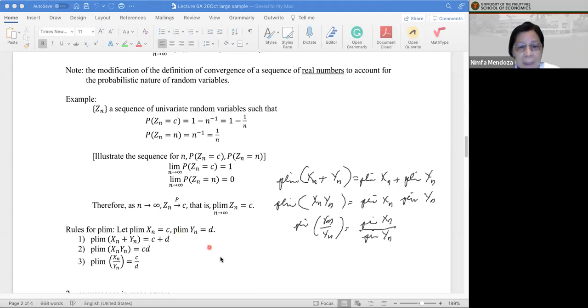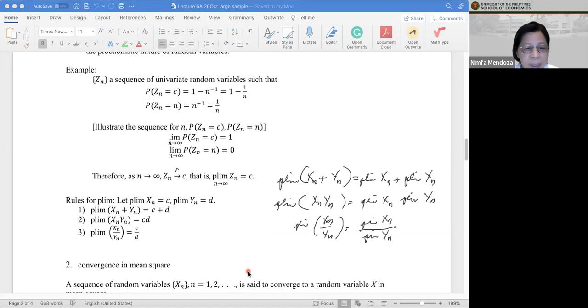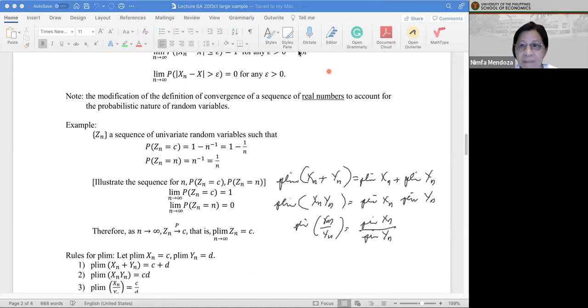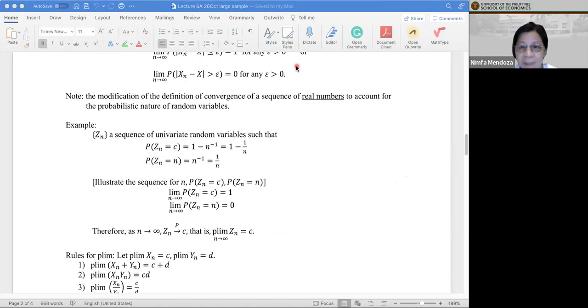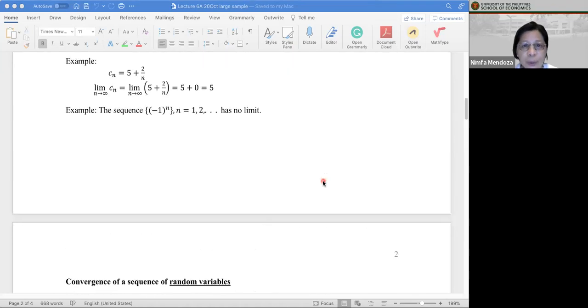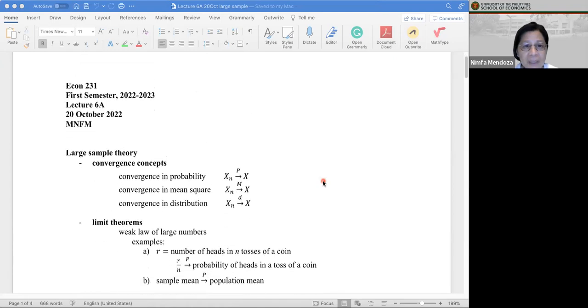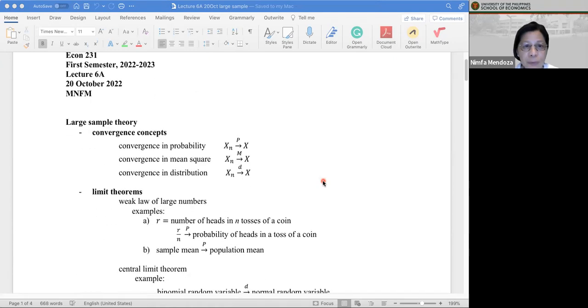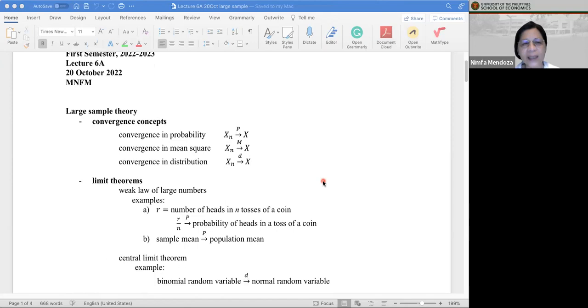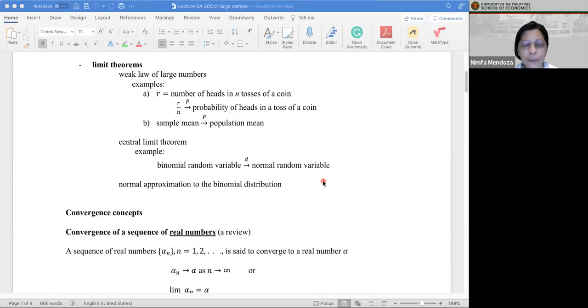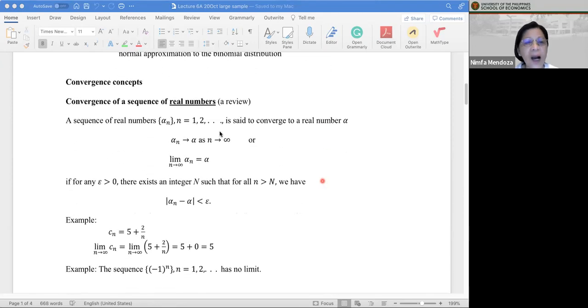So I'll stop at this point. Try to observe first, with regard to large sample theory and the convergence concepts, take it a step at a time. So for today, understand first the convergence of a sequence of real numbers.